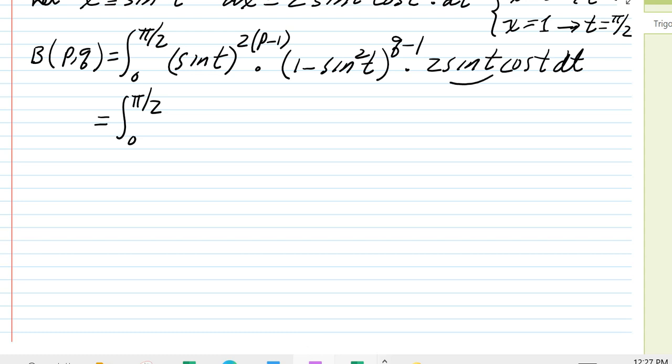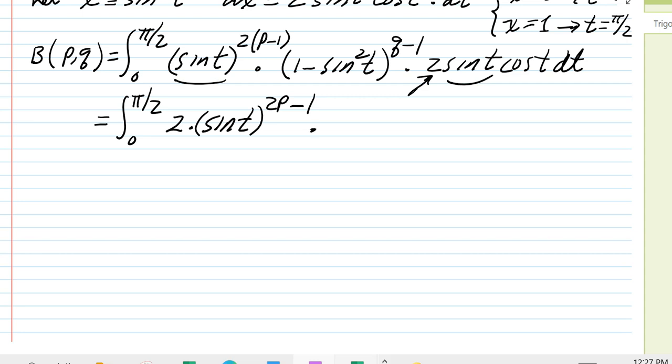Now, if I combine the sine here and the sine here, first of all, that's the 2 that you see in front of the 2 sine t cosine t. So this will give me sine t to the power of 2p minus 2 in the exponent, but then because it's multiplied by sine t, you get 2p minus 1.